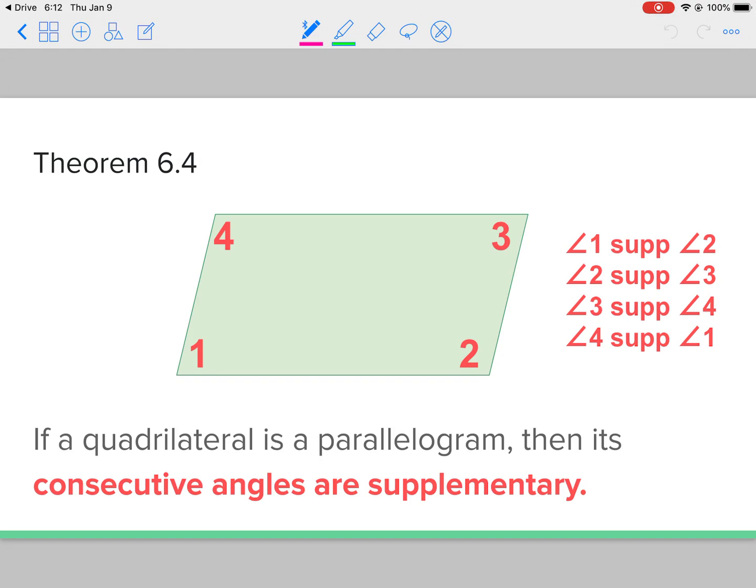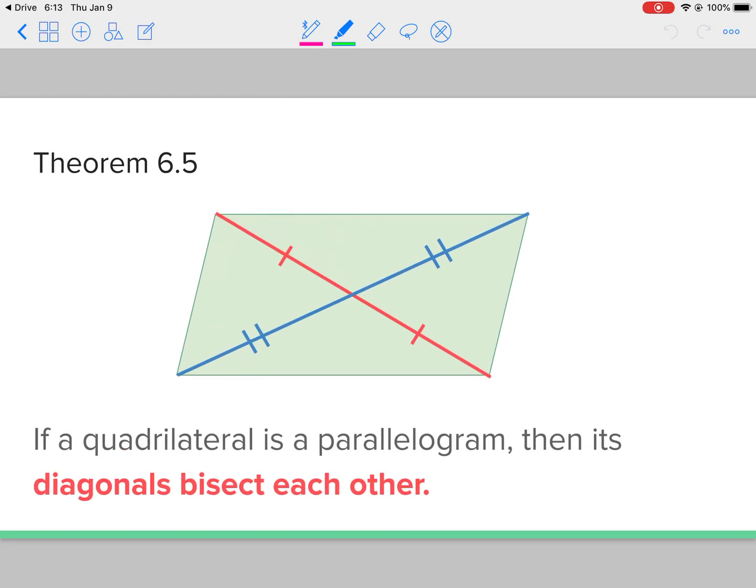So angle 1 is supplementary to angle 2, angle 2 is supplementary to angle 3, angle 3 is supplementary to angle 4, and angle 4 is supplementary to angle 1. Any set of angles that share a side are going to be supplementary. They're going to add to 180 degrees.